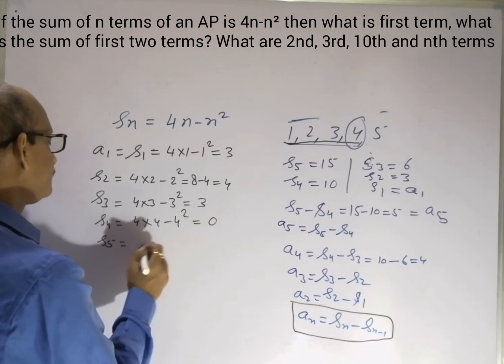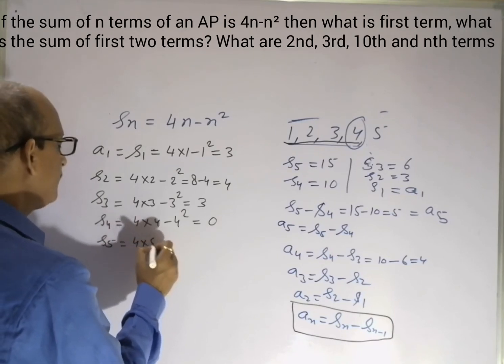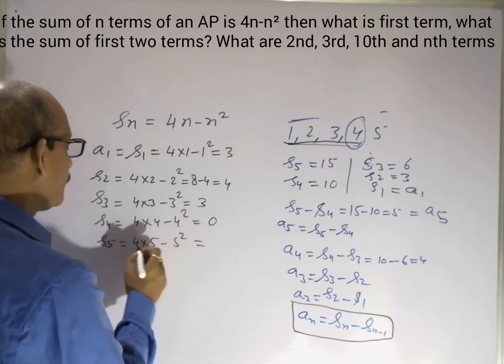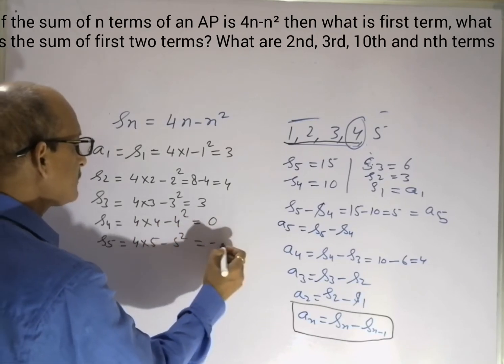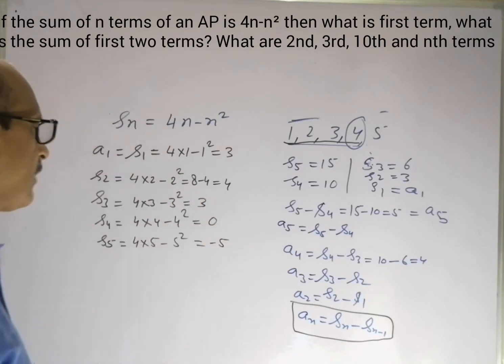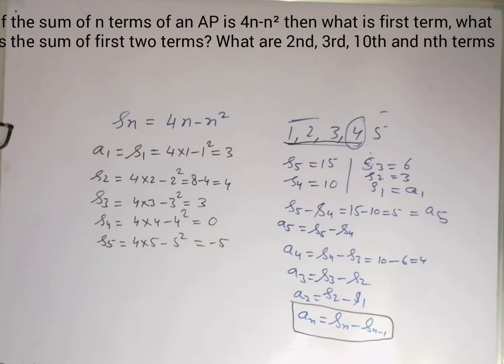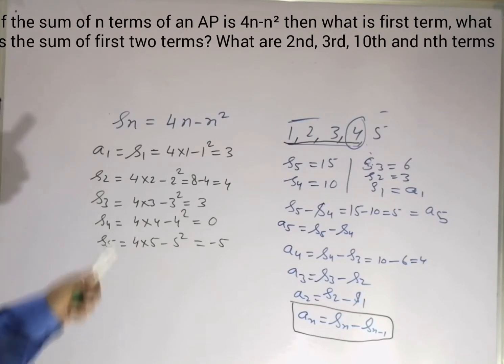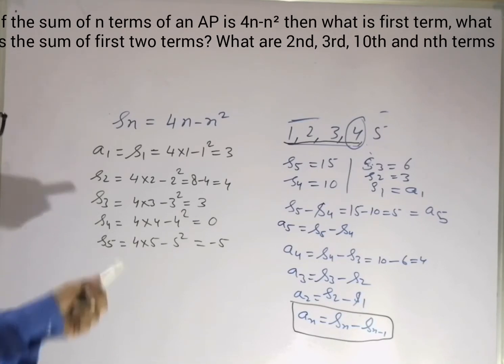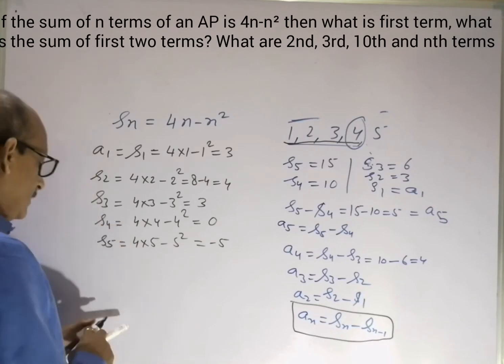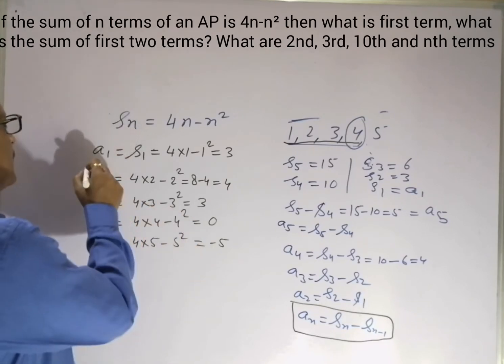S5 is equal to 4 into 5 minus 5 square, 20 minus 25, that is minus 5. So we have got all these relations over here. Now one thing asked in the question is to find S2. That is clear from here: S2 is this.